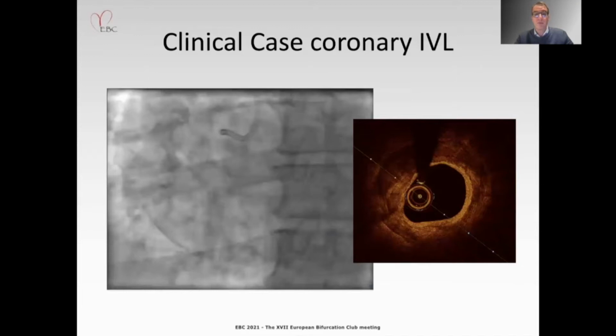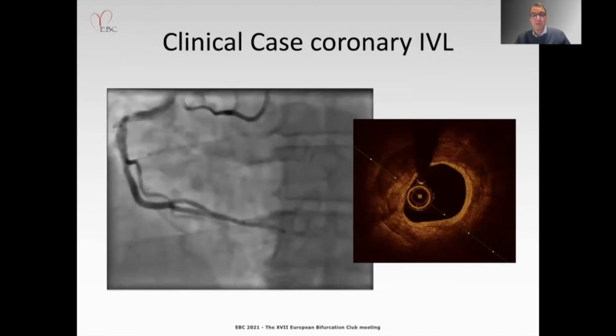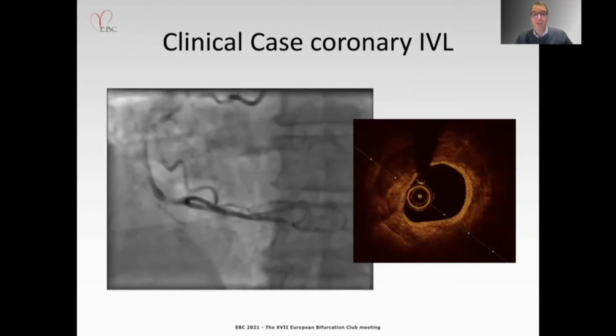Finally, I want to show a clinical case which shows a severely calcified lesion, which is nicely demonstrated in the intravascular imaging, which was OCT, in the right coronary artery.